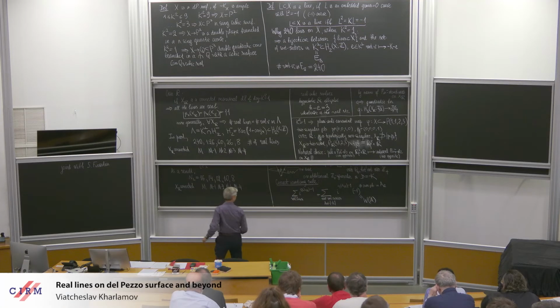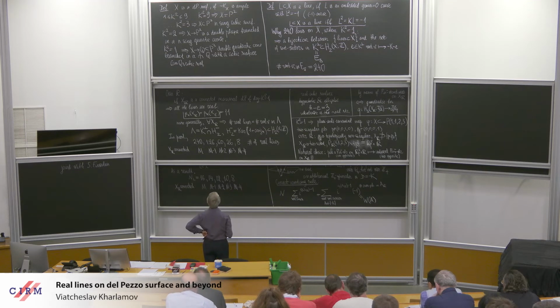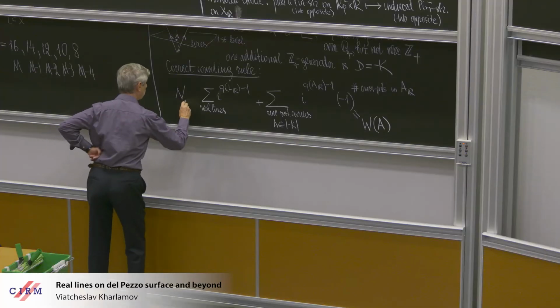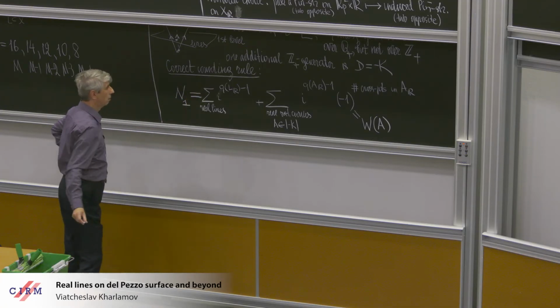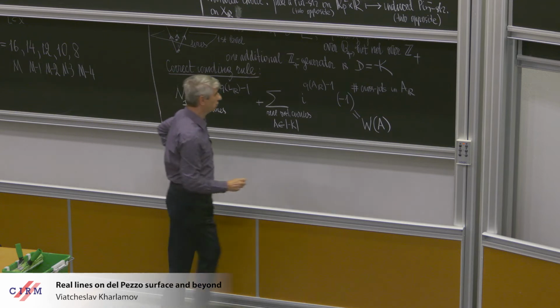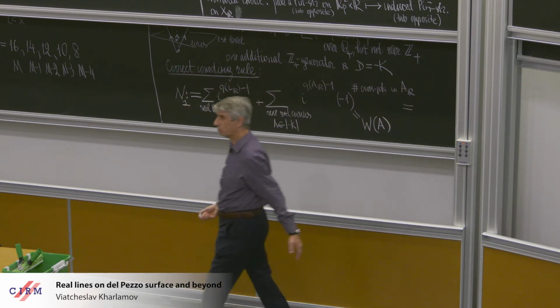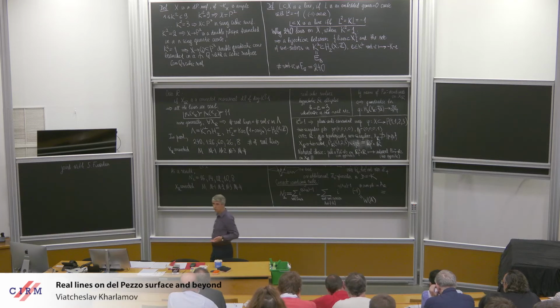And the answer is that the correct number is equal to what usually appears in real algebraic geometry, in topology of real algebraic curves. Which number?